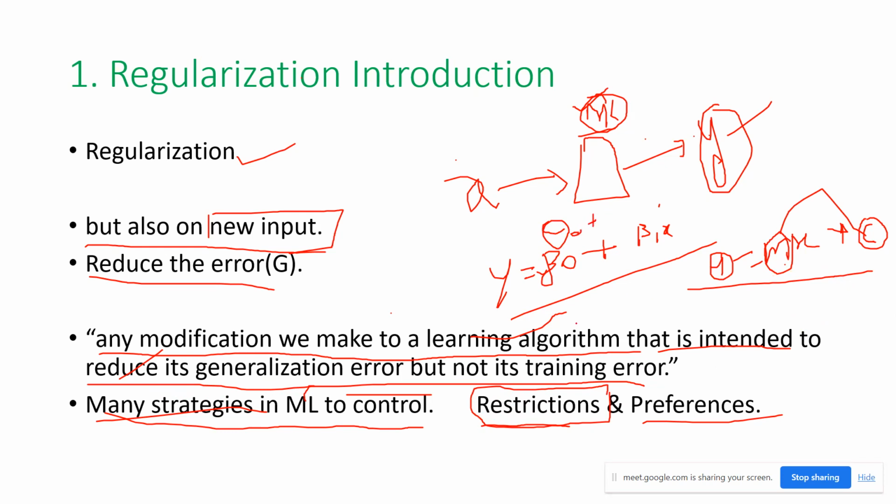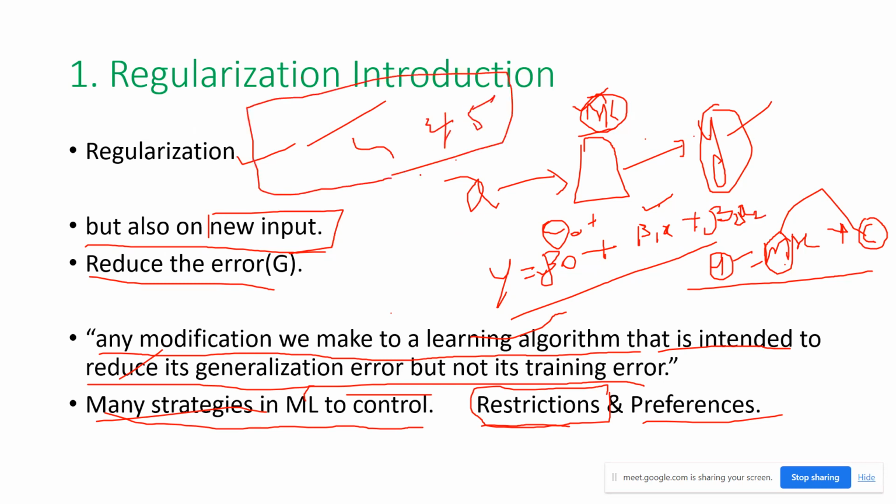When we use simple linear regression with beta naught plus beta 1, for binary classification we add one more term, beta 2 x2. Based on linear regression, polynomial regression, that is quadratic polynomial, or degree 4, degree 5 polynomials, the parameters will be added.